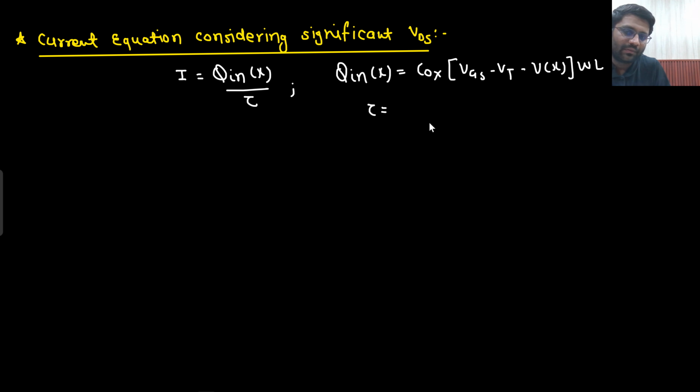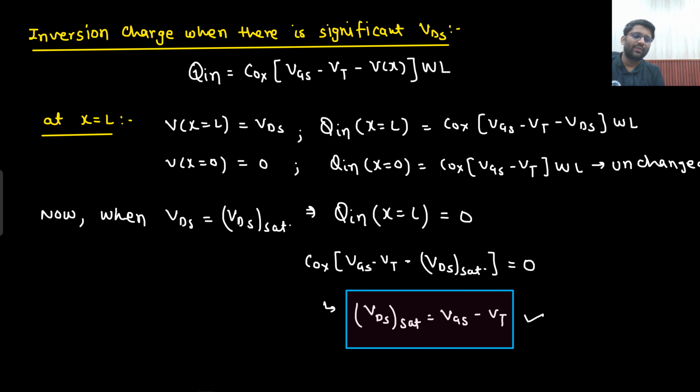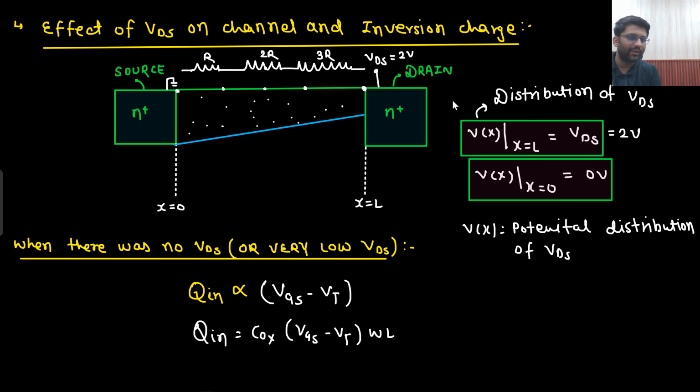What about tau? Time equals distance upon speed. Distance is L only. Your electron needs to travel the distance of L only. It will be traveling your complete channel length.